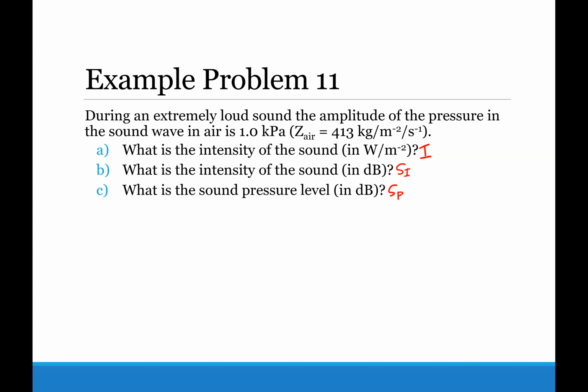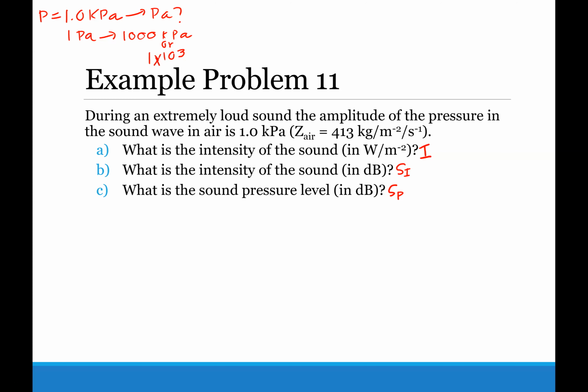So they've told us that the pressure equals 1.0 kPa, but we need to be in units of pascals. So you can either convert this the long way, or you can say that we know in 1 Pascal there are 1,000 kilopascals, or 1 times 10 to the third.